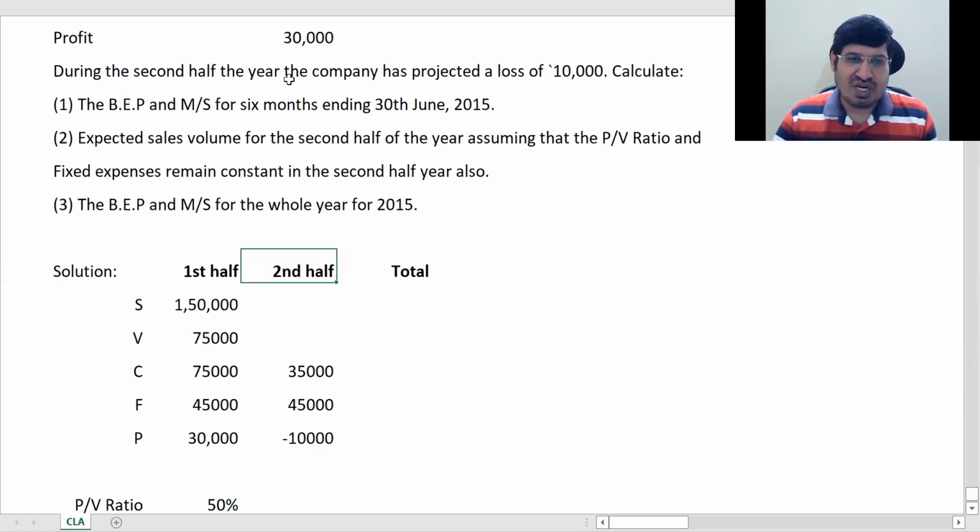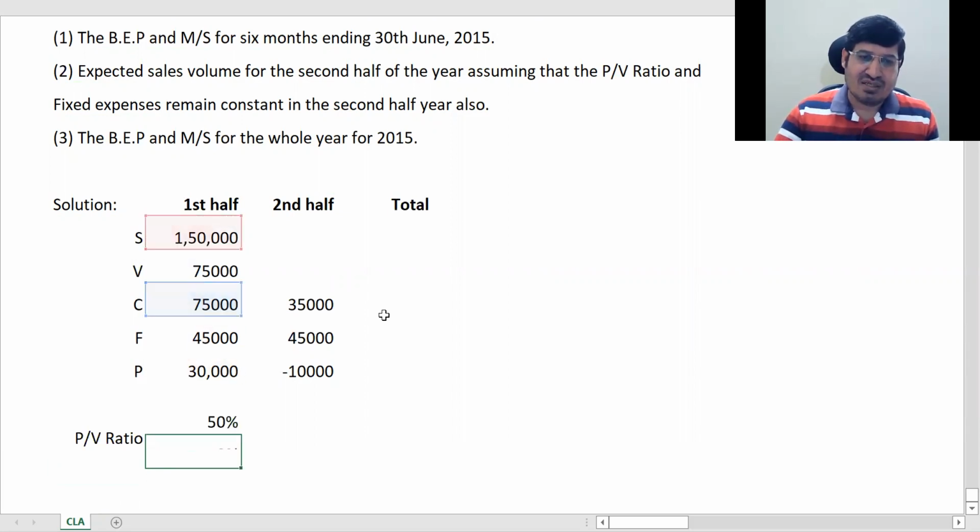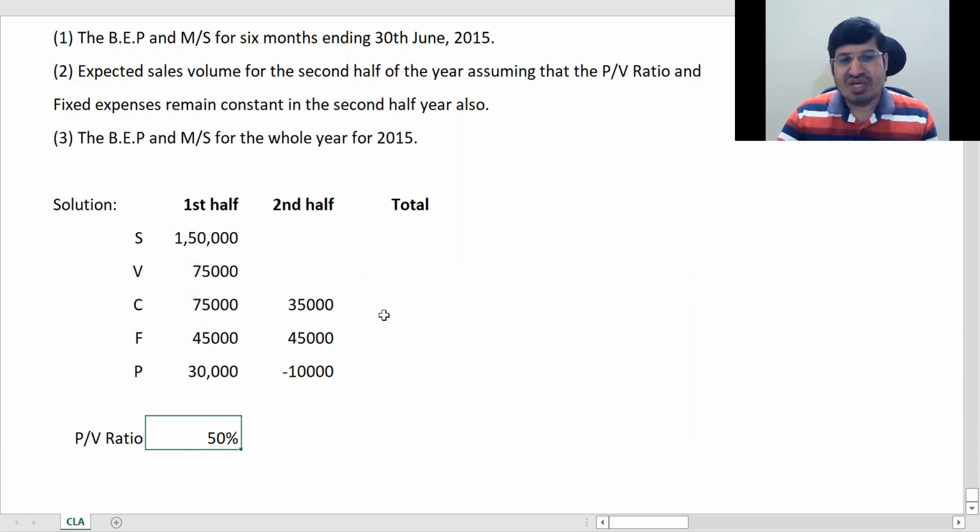Now we also know that the PV ratio and fixed expenses remain constant. So we'll calculate the PV ratio: 75 upon 150 into 100, that is C by S into 100. You'll get 50%. Try it in your calculator.